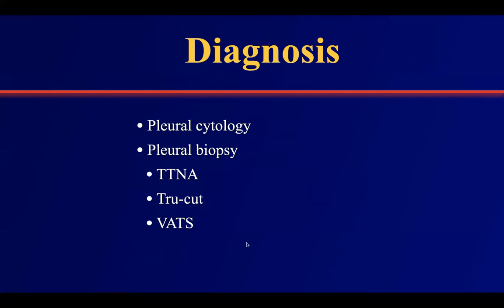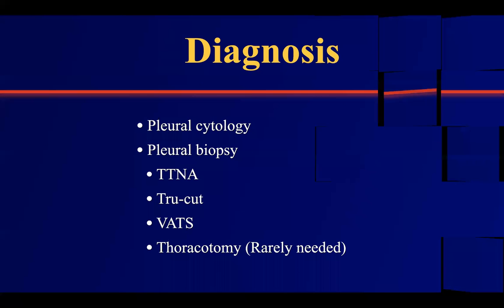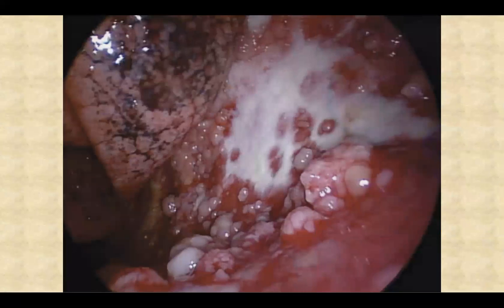VATS, video-assisted thoracoscopic surgery, is very helpful, but of course we should start with the non-invasive method, and if we don't have the diagnosis, we can proceed to the more invasive methods such as VATS or thoracotomy, which is very, very rarely needed. What do we expect to see during VATS?